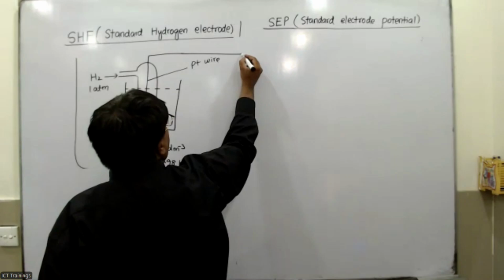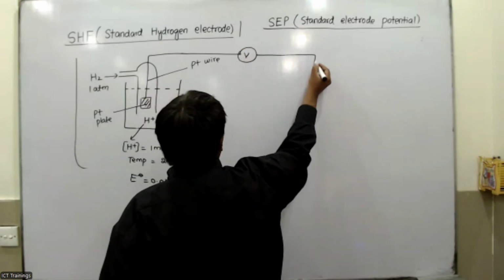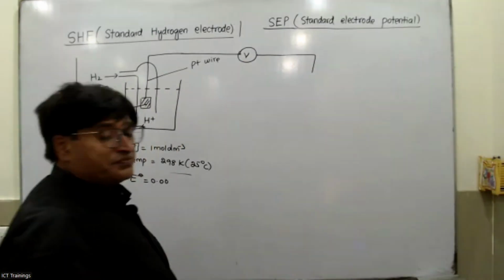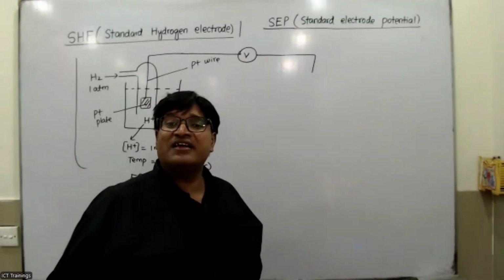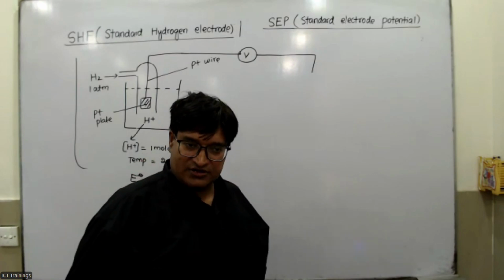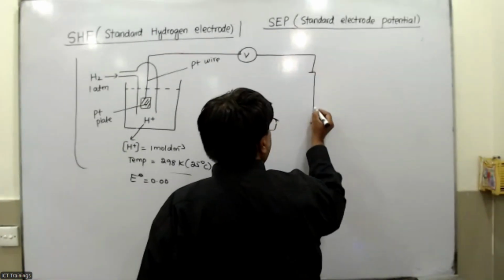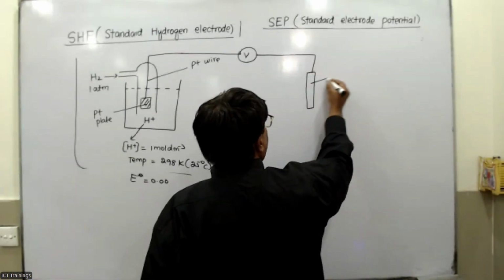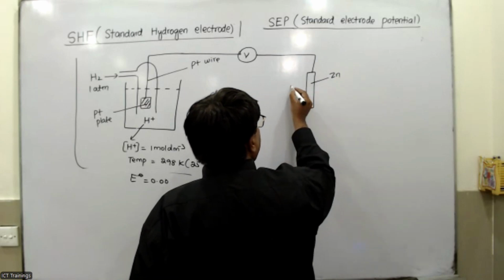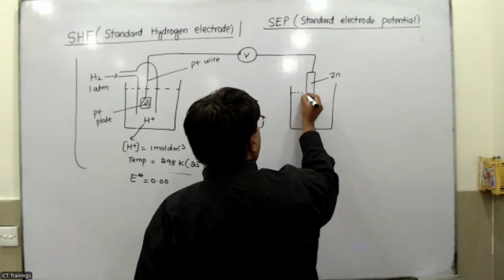Now what should we do? This is the wire. Put a voltmeter up here. Now you say to me, sir, we want to find out the E naught value of zinc and note it down in the data booklet. So now you should take the zinc rod like that. This is the zinc rod, and put that zinc rod into a solution containing zinc ions.